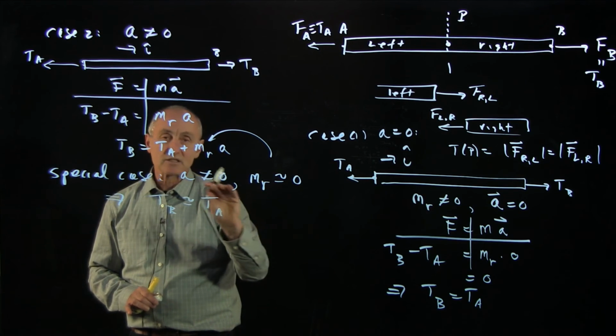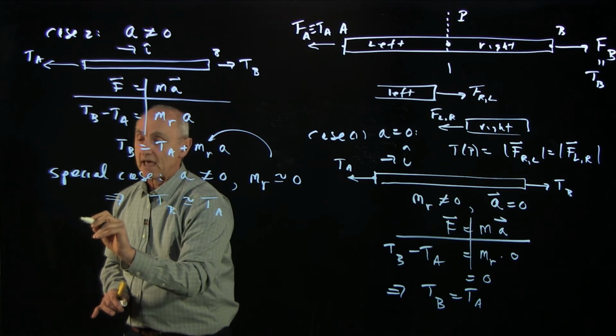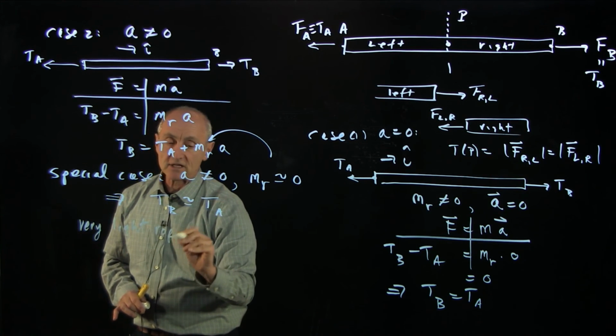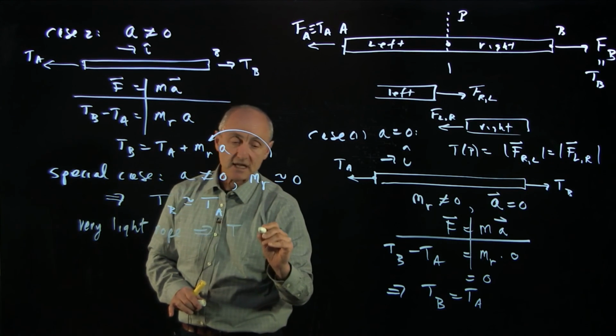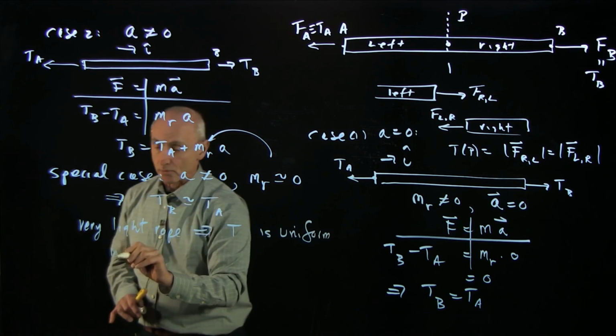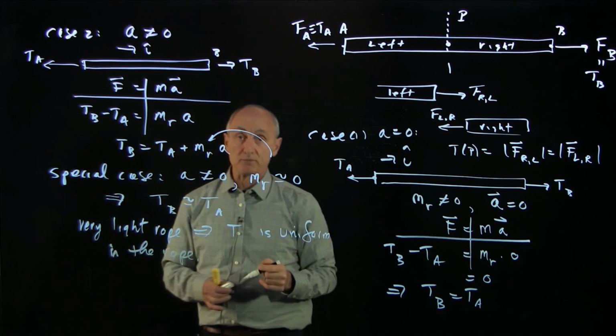Ropes are not massless, so there's a small difference, but when we say a very light rope, even if it is accelerating, T is uniform in the rope, and we can say the rope is under uniform tension.